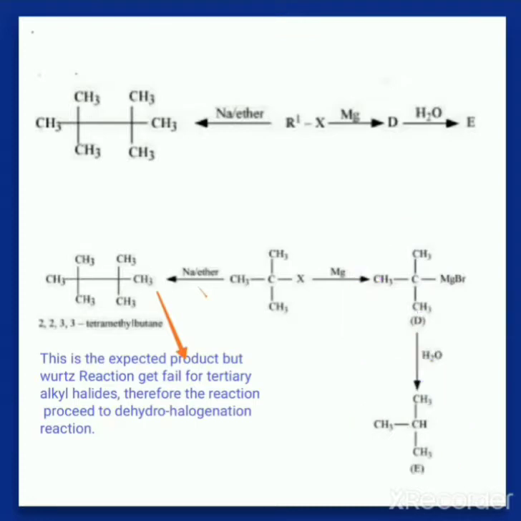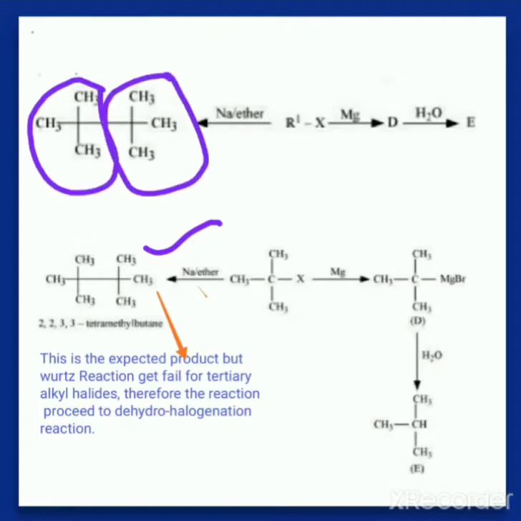But in this case, the tertiary alkyl groups are getting doubled. As we have discussed, the Wurtz reaction fails in the case of tertiary alkyl halides. So this is the product which is expected, but the Wurtz reaction fails for tertiary alkyl halide.